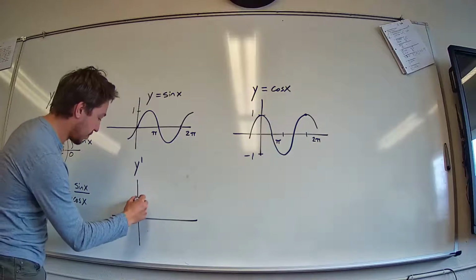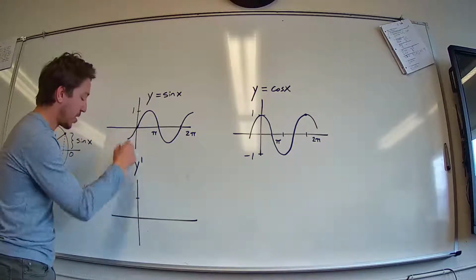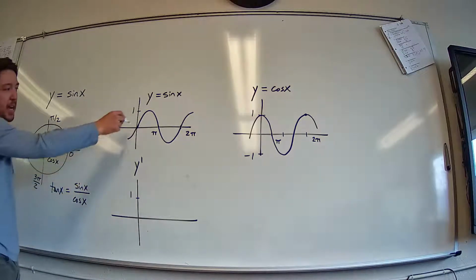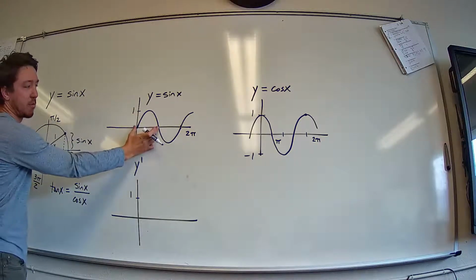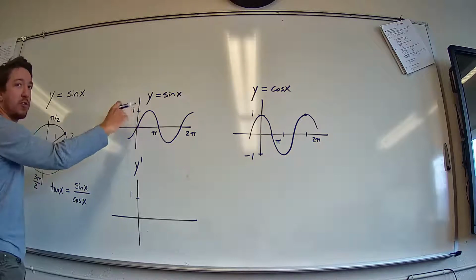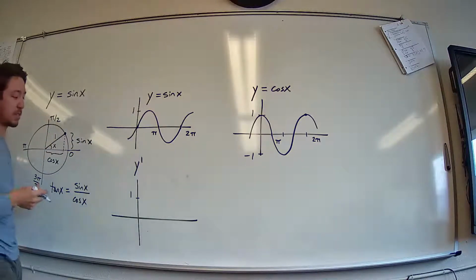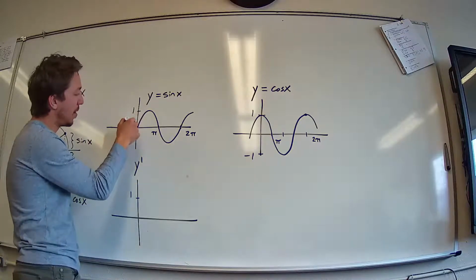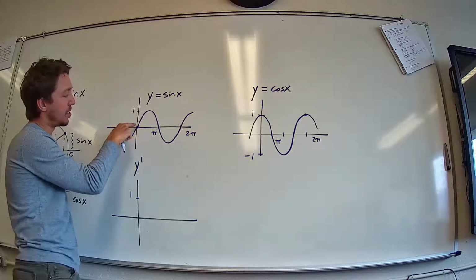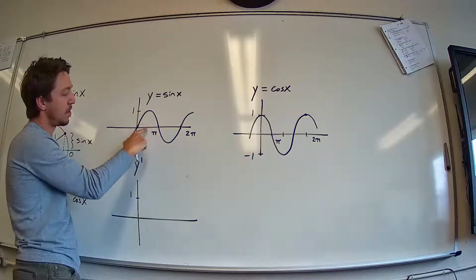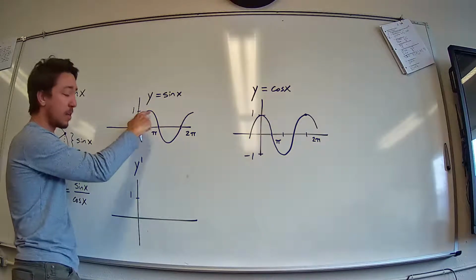And I'm going to just tell you the slope right there is 1. I know it looks kind of steep, but that's because this is 3.14 and this is 1. If I drew it to scale, you'd see that the slope there looks very much like 1. And what do my slopes do? When do my slopes hit 0? At half a pi.